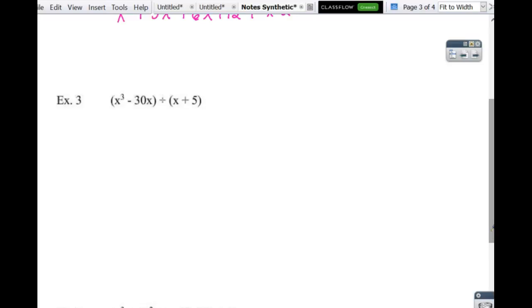Next. What's the root? Negative 5. And I'm going to have 1, 0, negative 30, and 0. Bring down the 1. Negative 5.